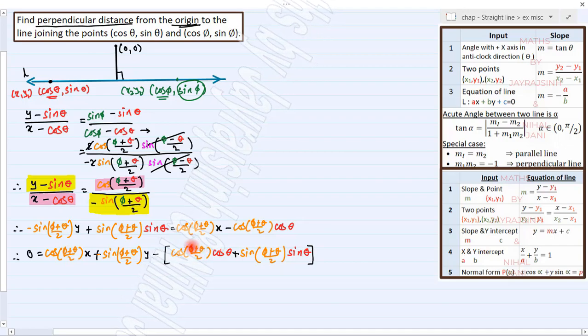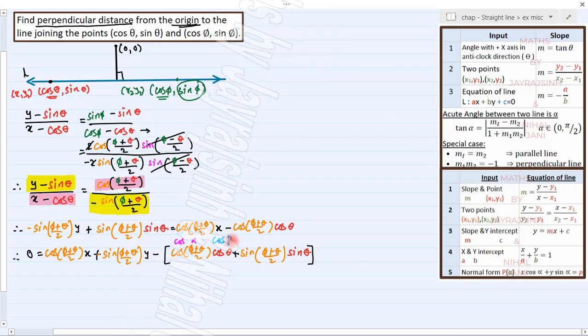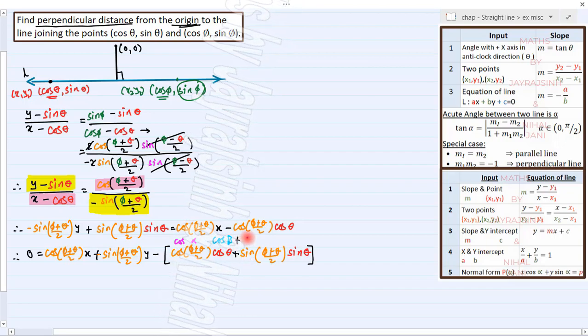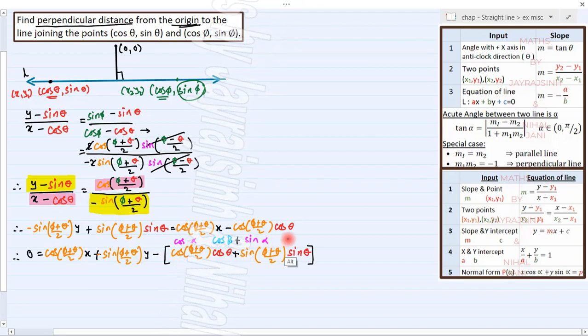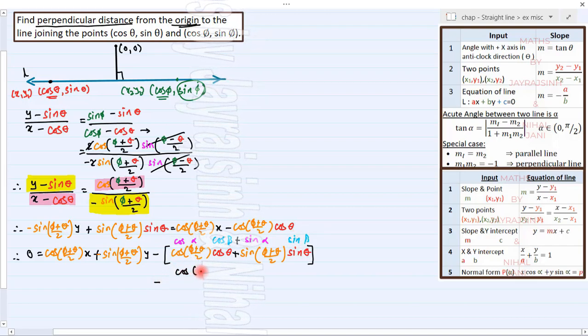So here we have the cos α cos β plus sin α sin β form, which can be simplified as cos(α − β).